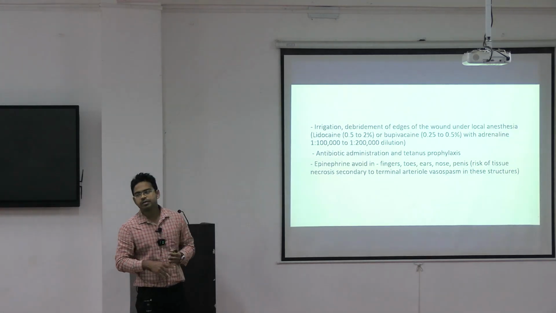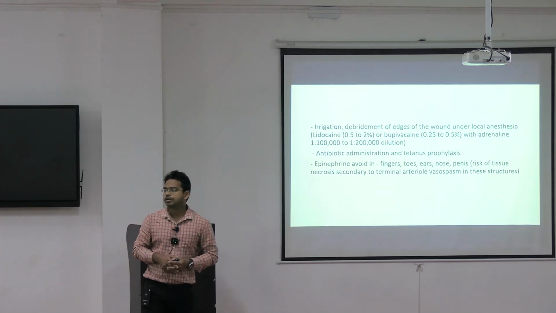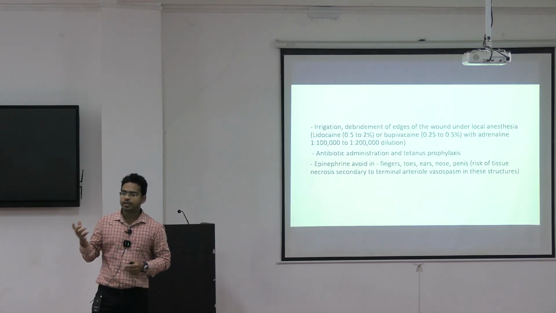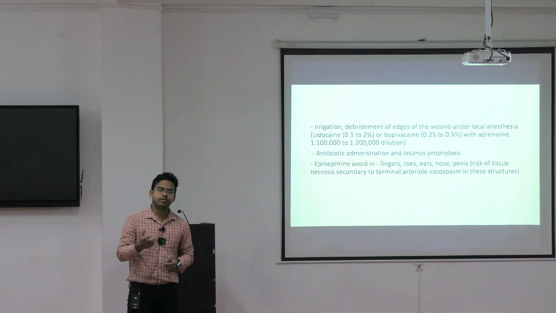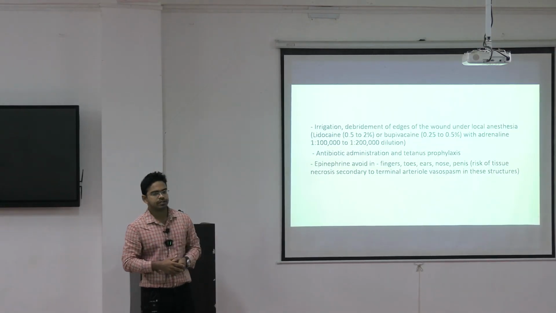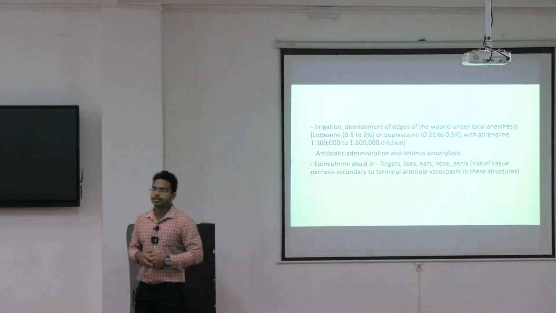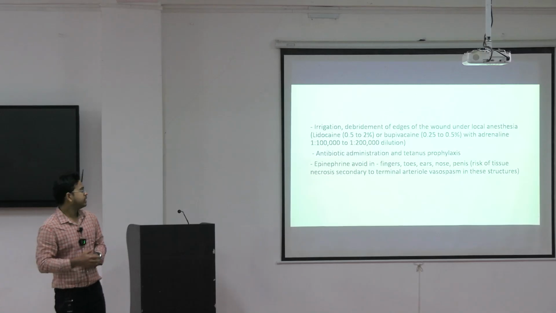Tetanus is to prevent the proliferation of Clostridium tetani, because in soil or in road traffic accidents the wound can get contaminated with the spores of Clostridium tetani. So to prevent that, you give a tetanus injection, and antibiotics to cover the rest of the bacteria, gram positive most commonly, or gram negative, whatever.